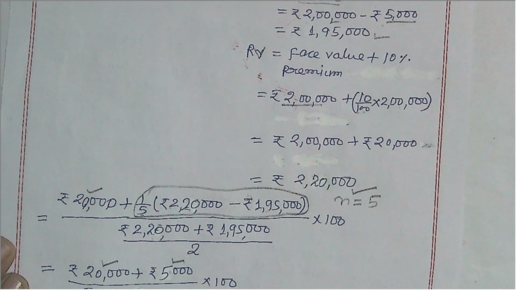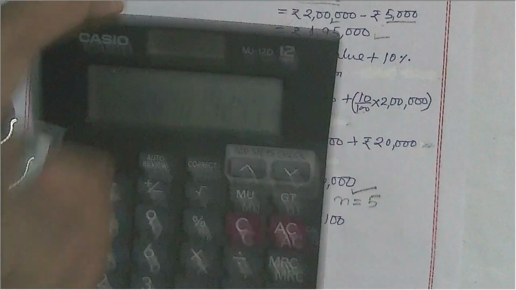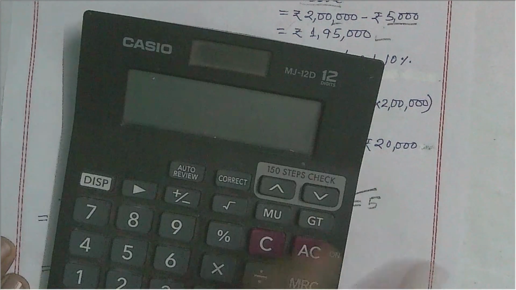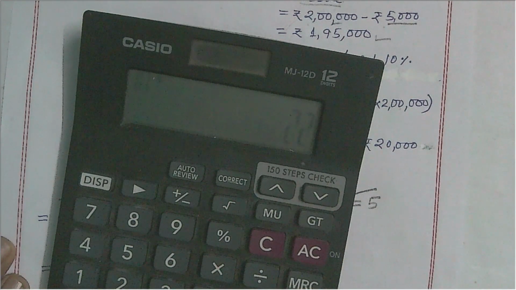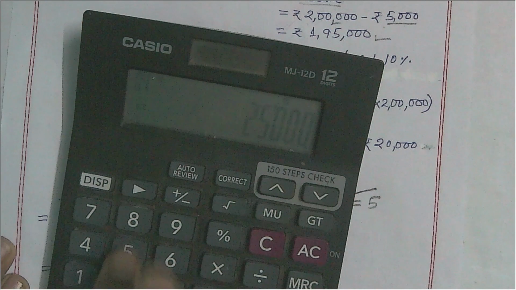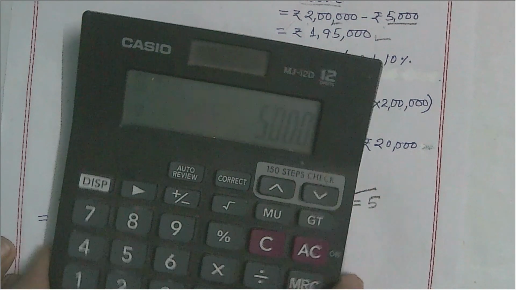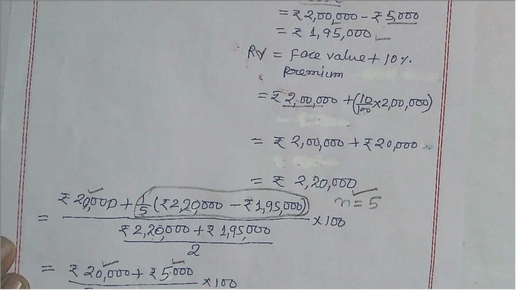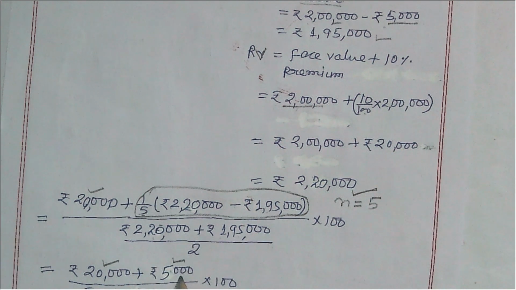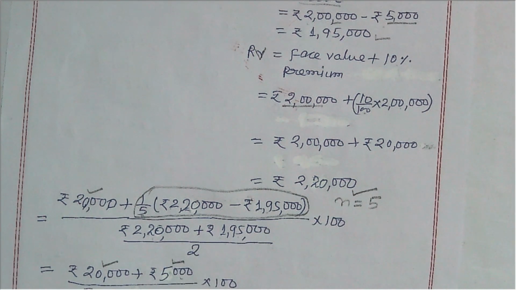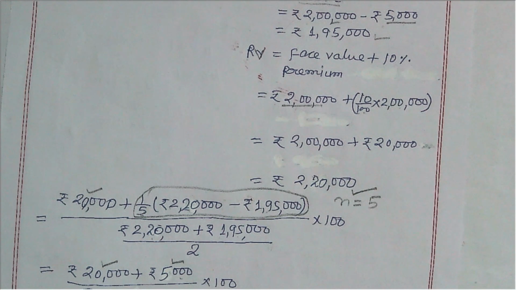You can check it using a calculator: 2 lakh 20,000 minus 1 lakh 95,000, divided by 5, is 5,000. So we got this 5,000. The numerator is 25,000 and the average is 2 lakh 7,500.